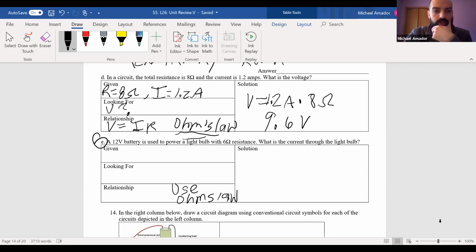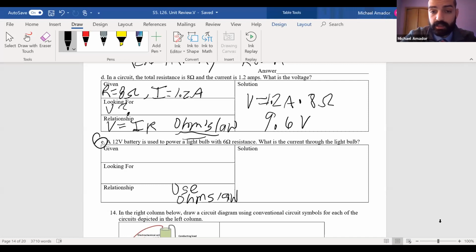Okay, Jason. So walk me through, everyone, we're still working. Jason, walk us through, what are we given so far? I'm going to start to fill it in. Okay, we're talking about letter E. So they give us that we have a 12V battery, and it is saying that we should power up a light bulb with 60 ohm.